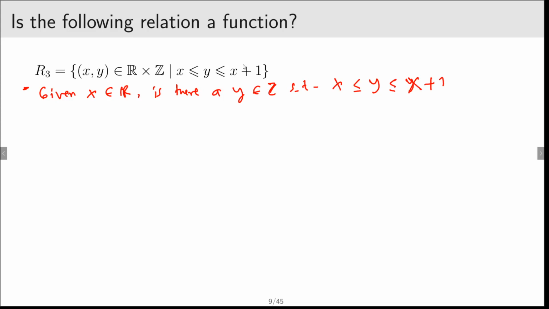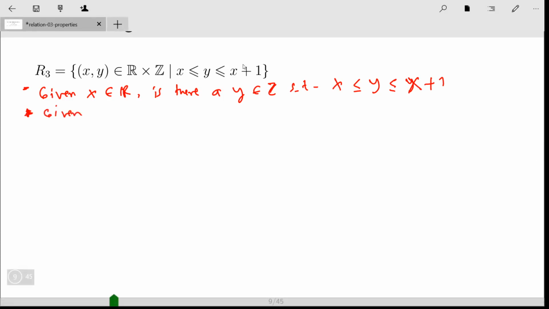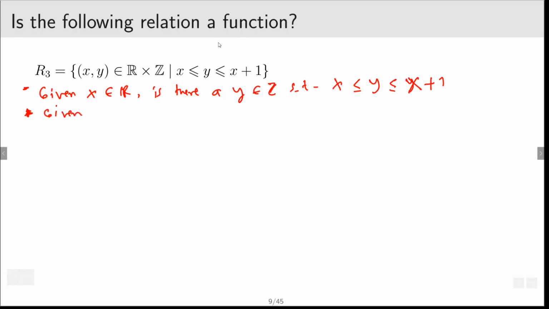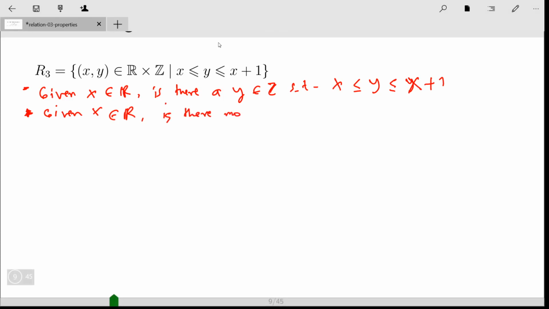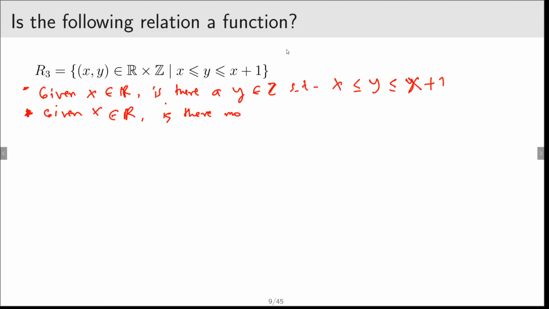And secondly, given a real number x, is there more than one integer y such that x is less than or equal to y less than or equal to x plus 1.